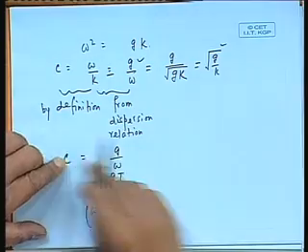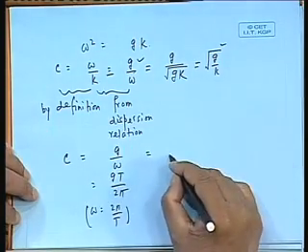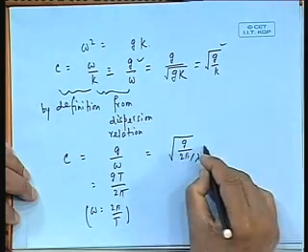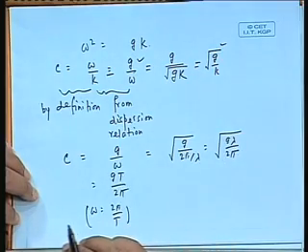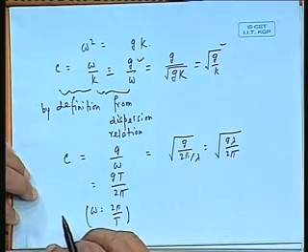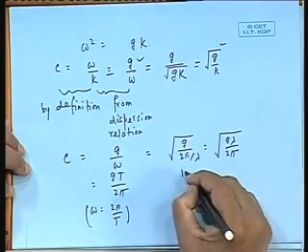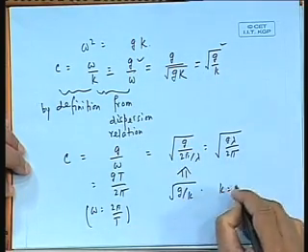Now the other relation, g by k. Now, k is 2 pi by lambda. So, this becomes equal to g lambda by 2 pi.